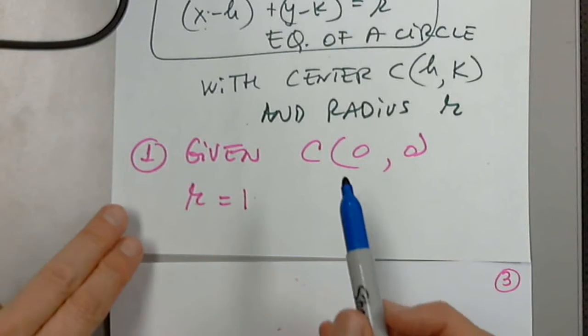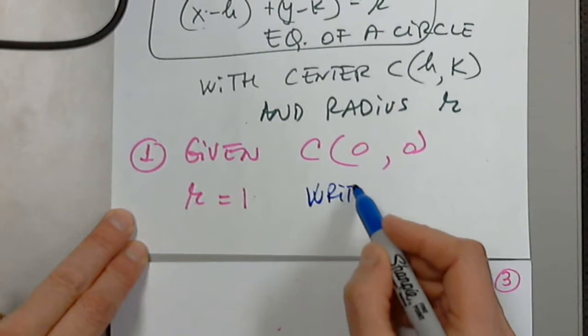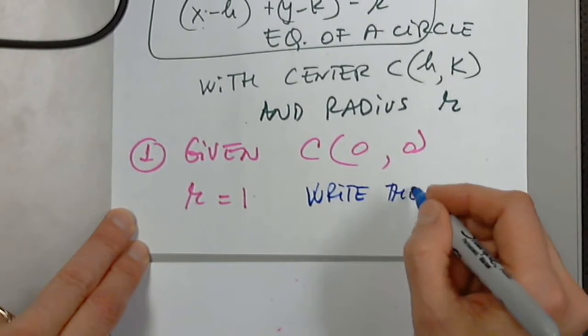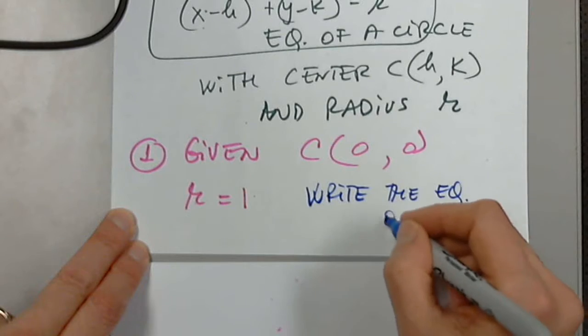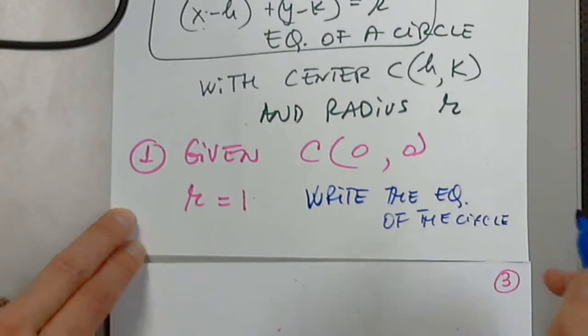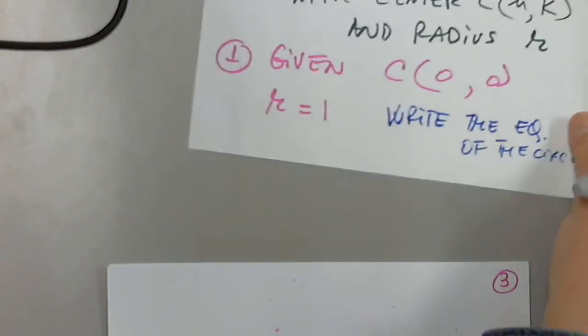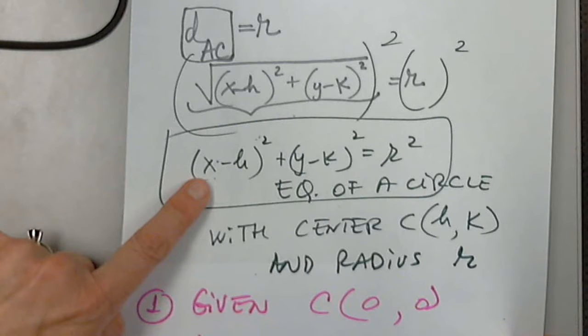Good. So given the center and the radius, write the equation of the circle. I'm ready. 1 minus 0 squared.